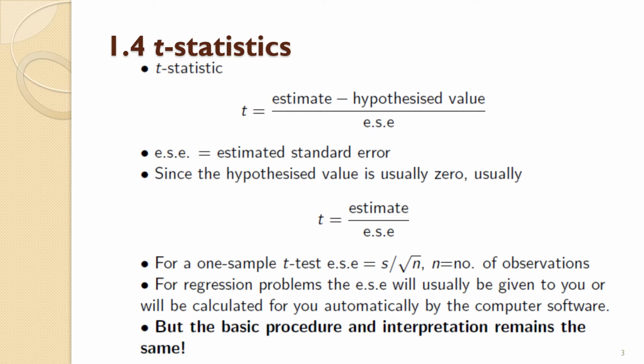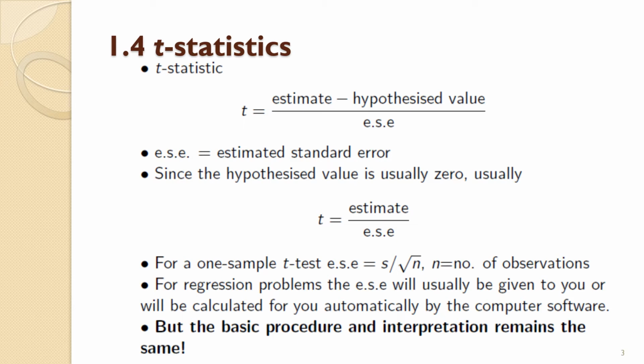So the t-statistic is given by the estimate minus the hypothesized value, over the estimated standard error. ESE is just the shorthand used for estimated standard error, in case you don't remember what ESE stands for. Now, what tends to happen is that the hypothesized value is usually 0.